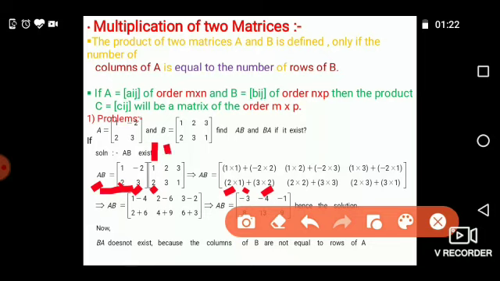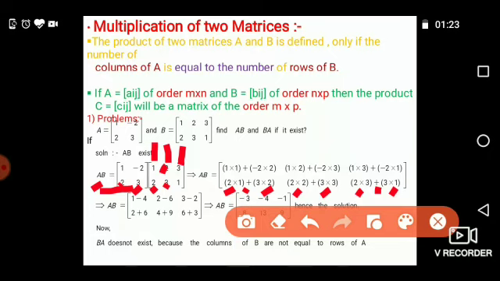Same row with the next column: 2 into 2, plus 3 into 3, which is 9. Likewise, the same row with the last column: 2 into 3 plus 3 into 1. Therefore, in total we have 6 elements in the matrix.